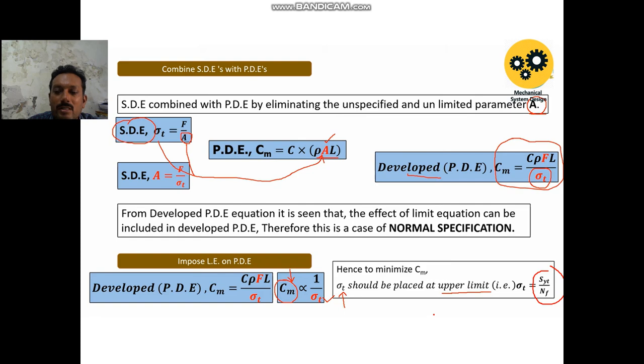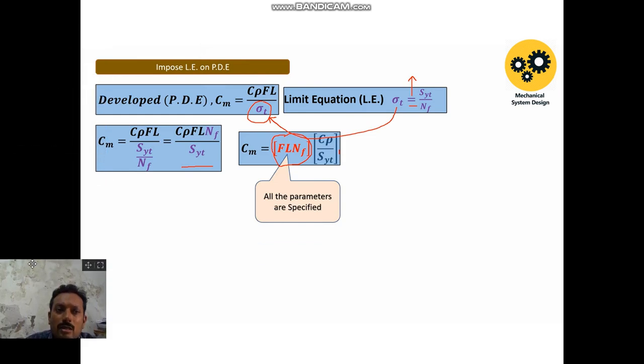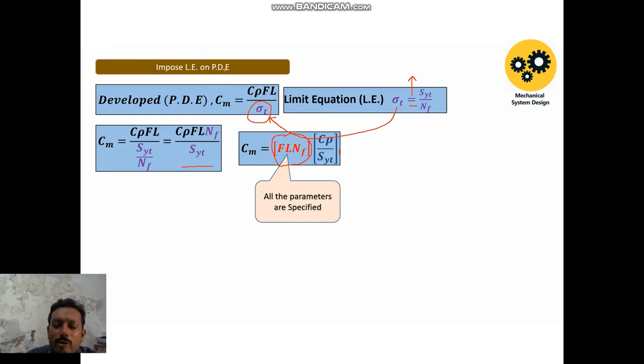SYT upon NF is an upper limit, we can say. Now this imposes the LE on the PD, so the developed PD will be Cm equals C rho F L upon sigma T. We know the limit equation for sigma T, so this will be implemented here, or we can put all the values here.